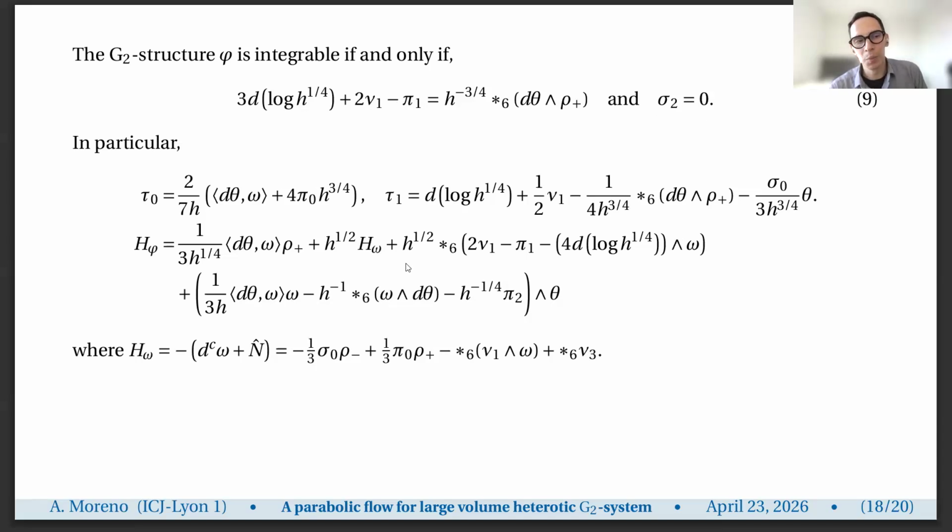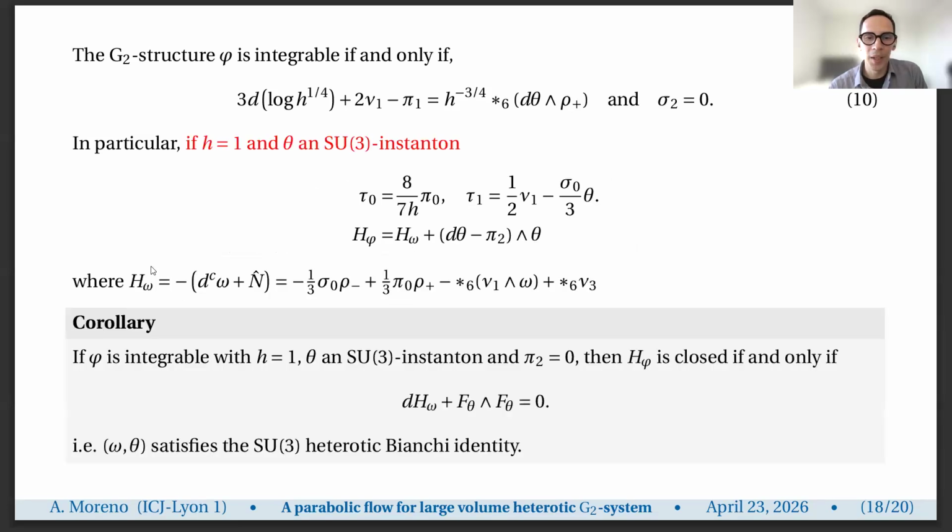Then doing some computations, you can compute tau naught and H5 in this very general setting, which is quite nice.